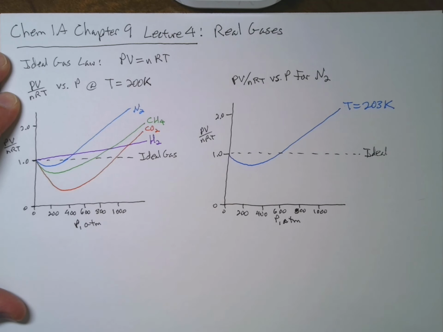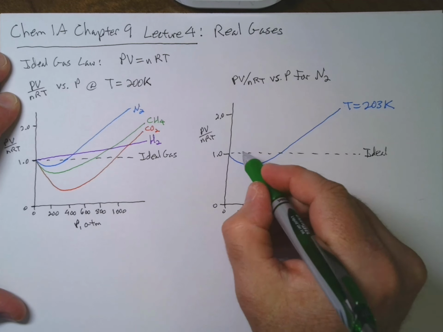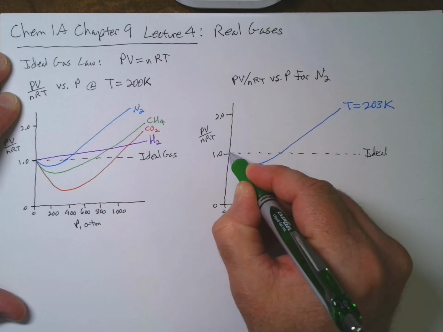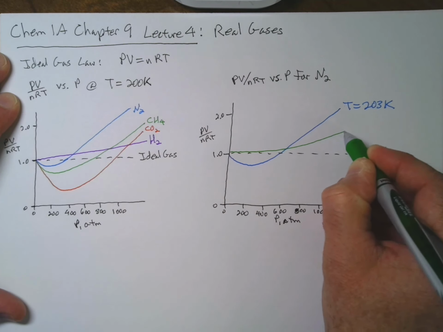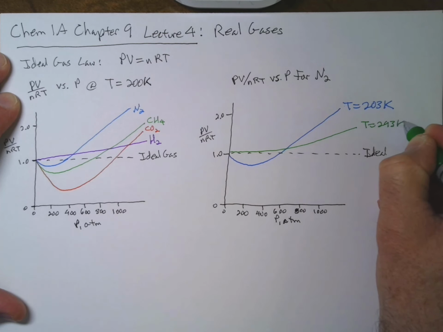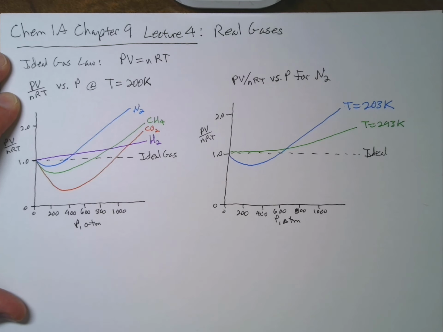And then as we move up to higher temperatures, we get less of a deviation.